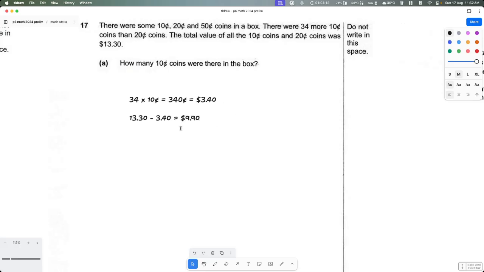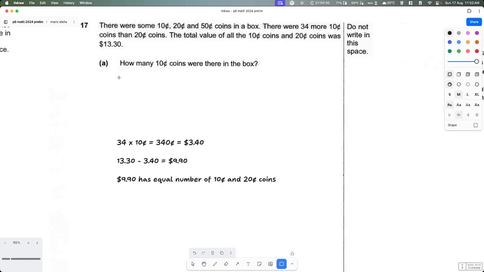So this $9.90 has an equal number of 10 cent and 20 cent coins. Because if I were to draw this over here, you have your 10 cents, and then you have your 20 cents as well.